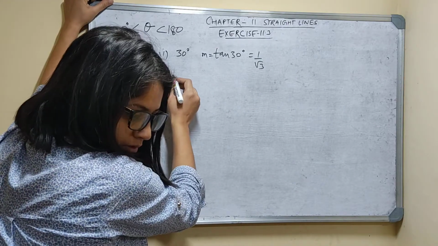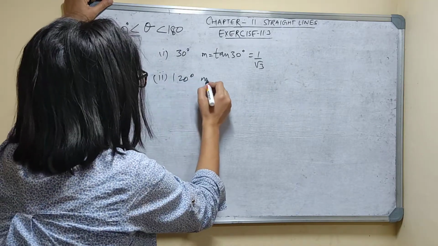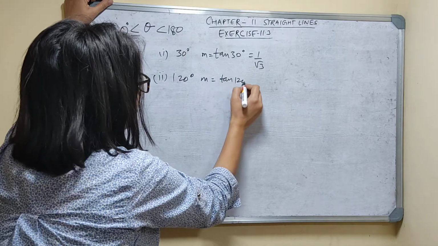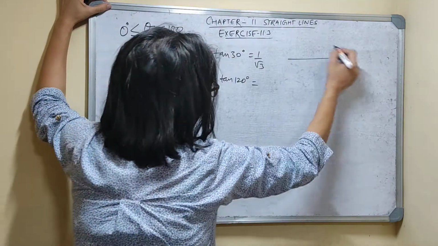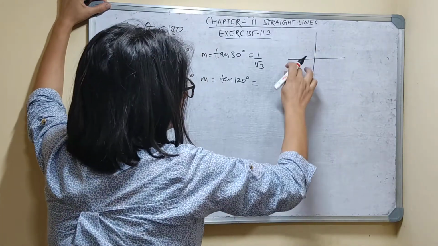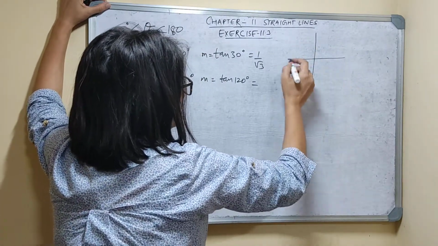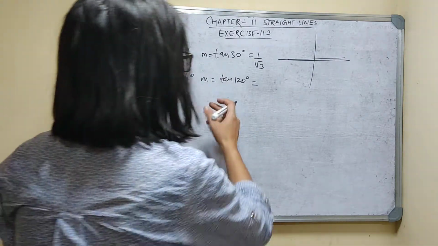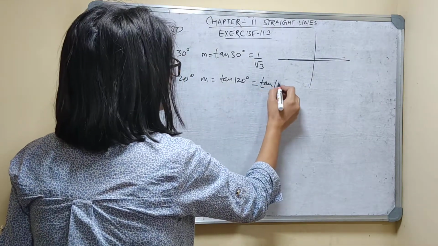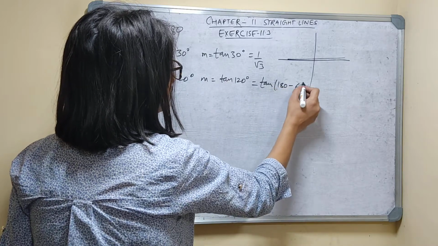Second part, 120 degrees. So m is equal to tan 120 degrees. This is the first quadrant, second quadrant, third quadrant, fourth quadrant. For tan 120, I need angles less than 180 only. So I can write tan 120 as tan of 180 minus 60.